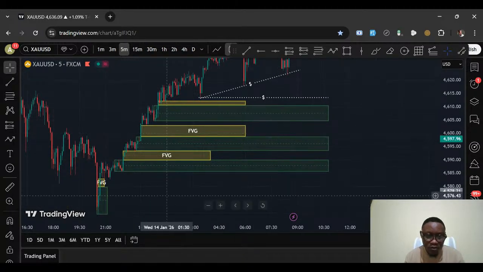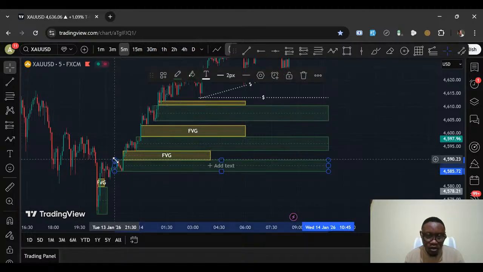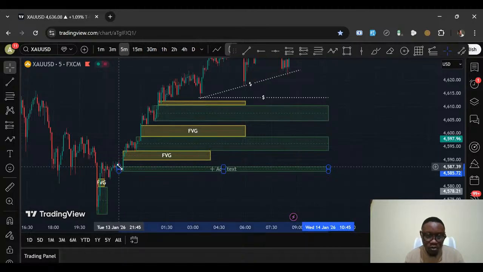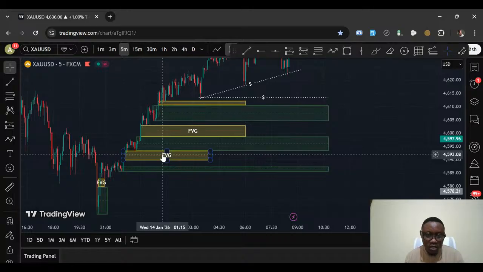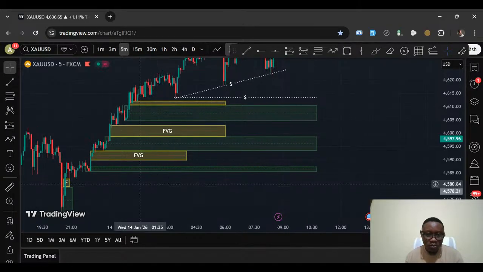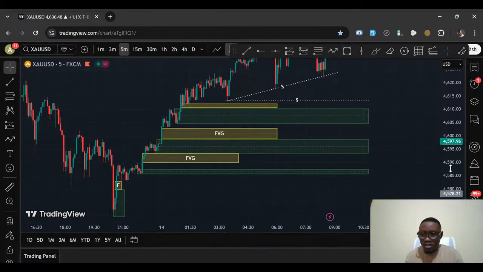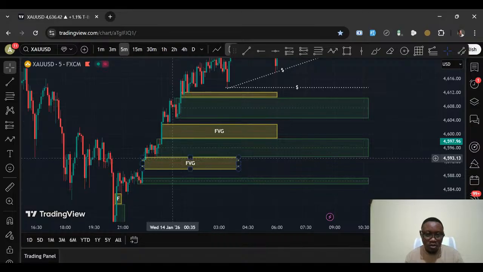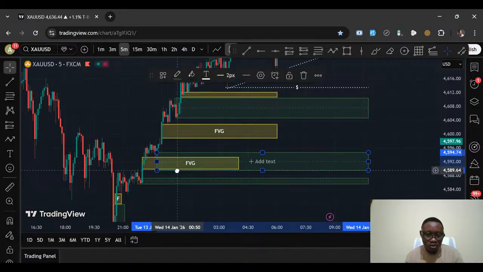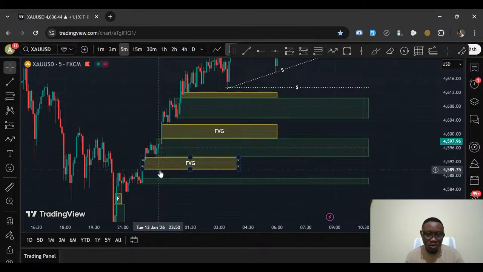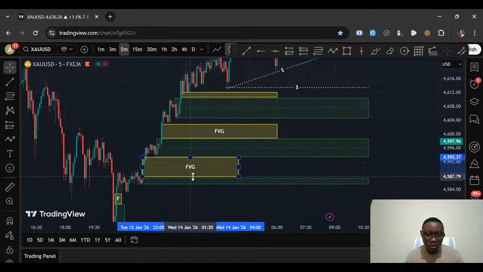Sorry, I think we need to refine this order block zone further. So this is our order block zone for the 5 minute time frame. Let's bring this down a little.